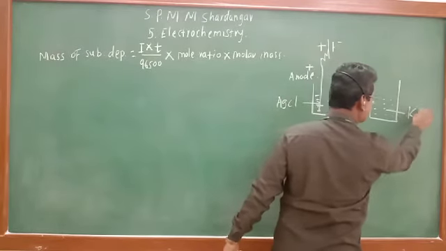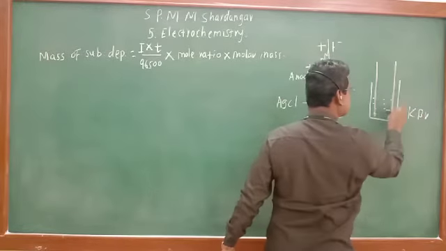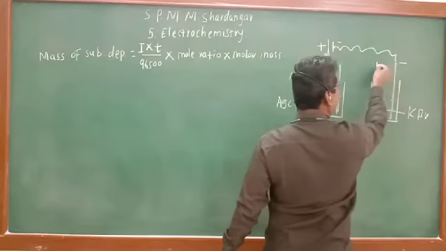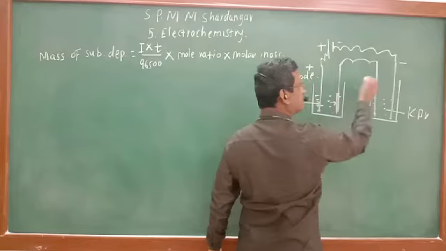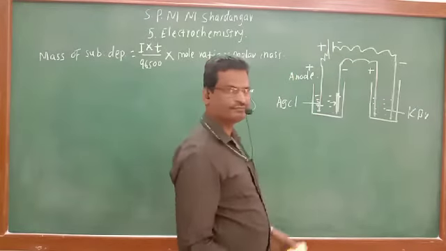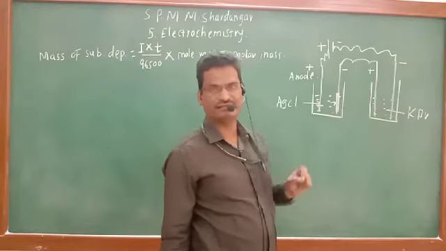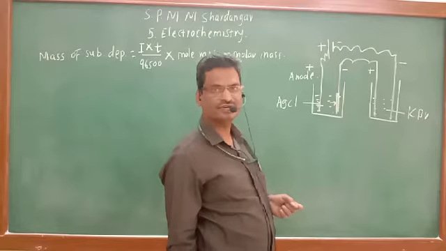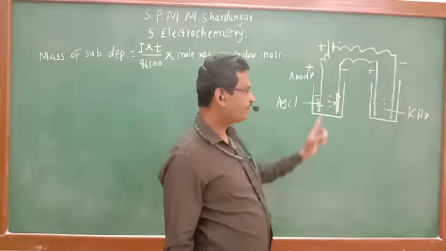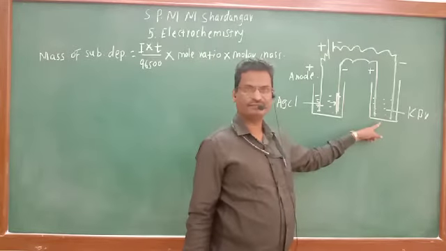Suppose here is a solution of KBr. Again, two electrodes are immersed in this, connected to the negative terminal of the battery, so it is the negative electrode, and these are connected to each other, so this is positive and this will be negative. This is known as connection in series. Two electrolyte solutions are connected in series.